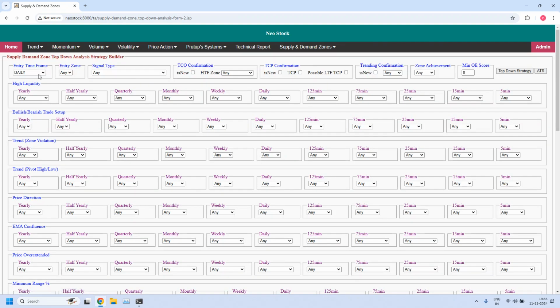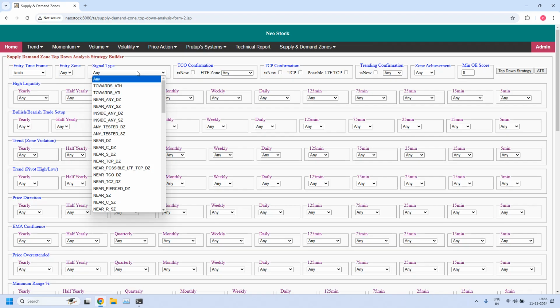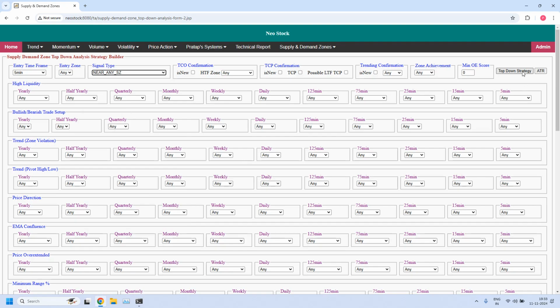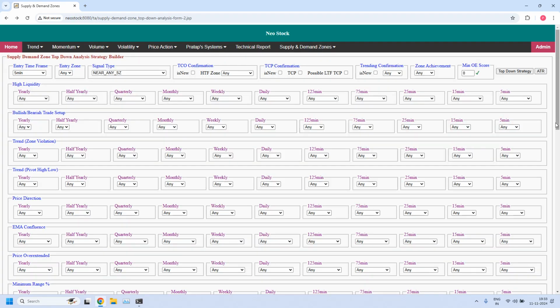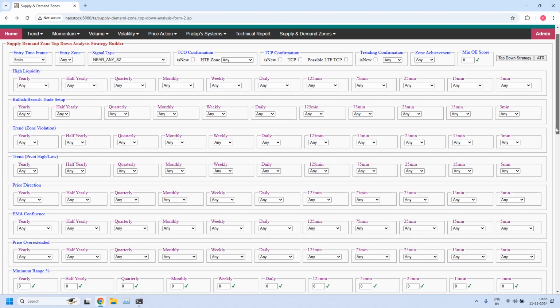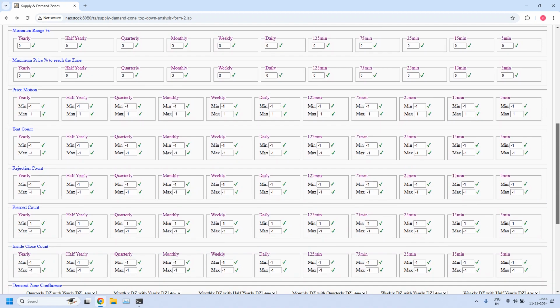Next, for 5 minutes time frame, let's find the stocks where price is near to the 5 minute supply zone. Eight stocks are filtered. Let's verify how many of these stocks are having ITF supply zone confluence. That is 5 minute supply zone with the 15 minute supply zone confluence.